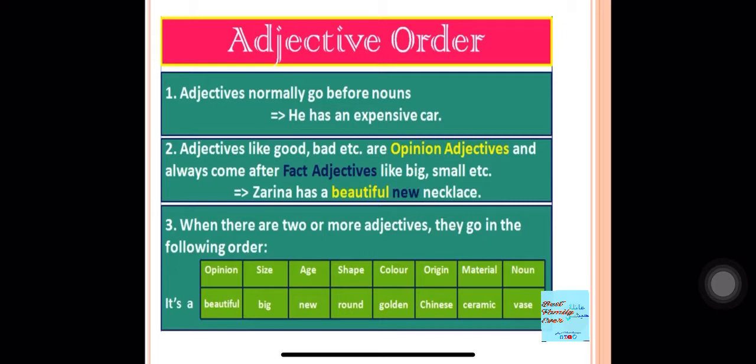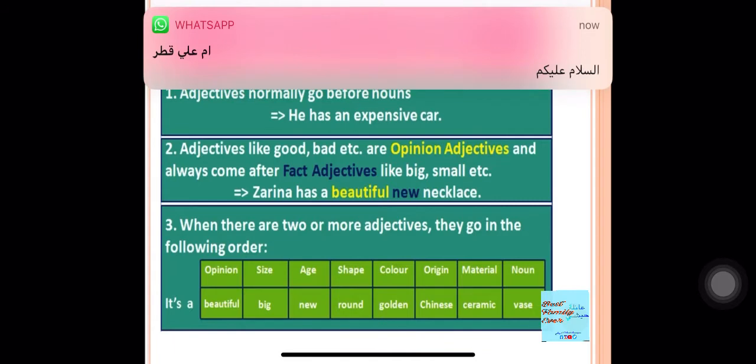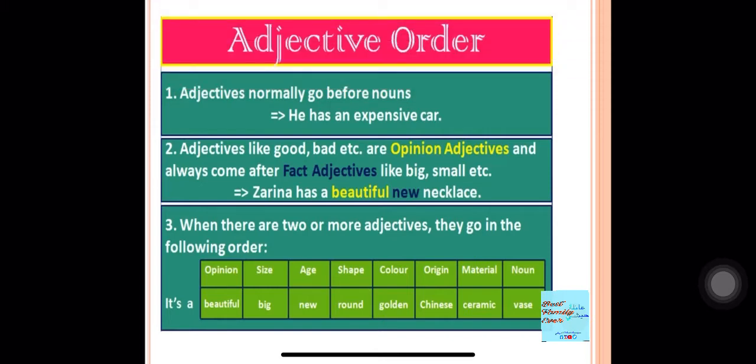Okay, age, is it new, is it old, shape, round, triangle, rectangle, oval, and then the color, golden, white, brown, green, and then you mention the origin. What do we mean by the origin? We mean the country, the name of the place or the country that it came from.